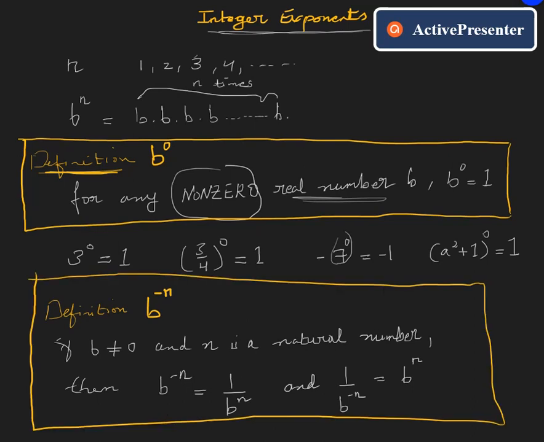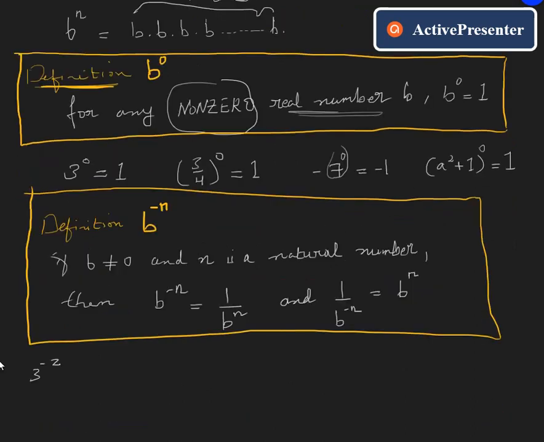For example, 3 to the power minus 2 equals 1 over 3 square equals 1 over 9. Also, 1 over 4 to the power minus 3 equals 4 to the power 3 equals 64.